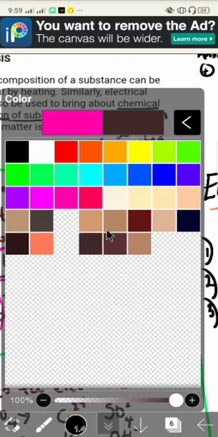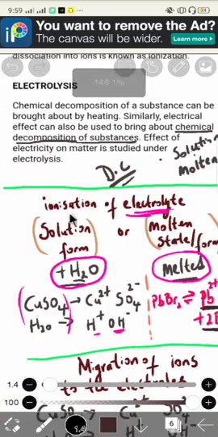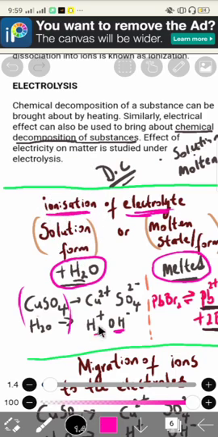Lead ion and bromine ion. So like this, as you have split the elements into ions, that is what we call the ionization. That is what we call what? The ionization. The splitting of the elements is what we call the ionization.